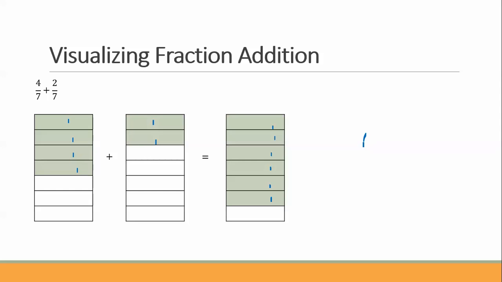So that becomes 6 sevenths. Our original box is 1 whole, and it's divided into 7, and 6 are shaded. And the 6 shaded come from the fact that we had 4 shaded here and 2 shaded here.